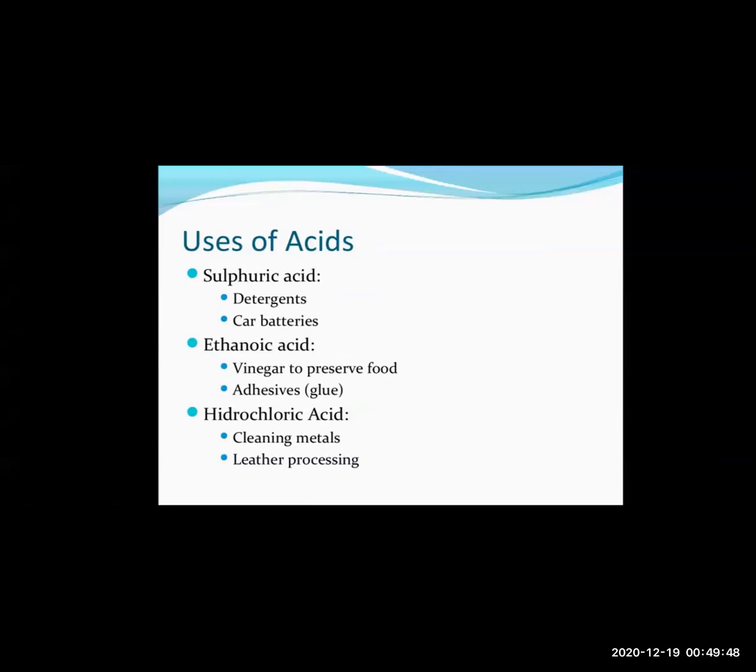As you all know, food is preserved with the help of some chemicals. Vinegar is one of the chemicals used to preserve food. Vinegar contains ethanoic acid, which helps the food to be preserved. Ethanoic acid is also used in some adhesive glue.